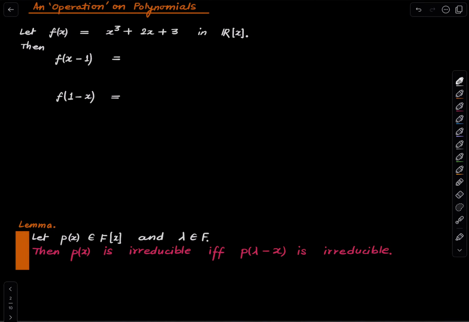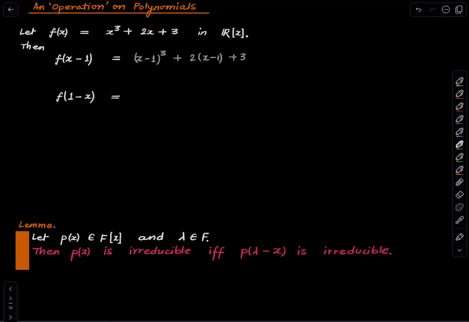So let's first discuss an operation on polynomials. It's a very simple one. Suppose we have this polynomial f(x), which is defined in this fashion, and for concreteness, let us assume that we are working with the real number field. Then we write this to mean the polynomial where you just substitute x minus 1 in place of x.